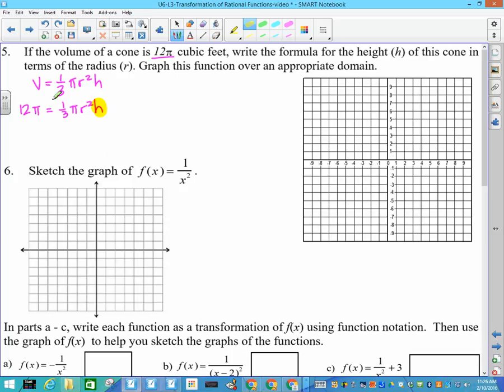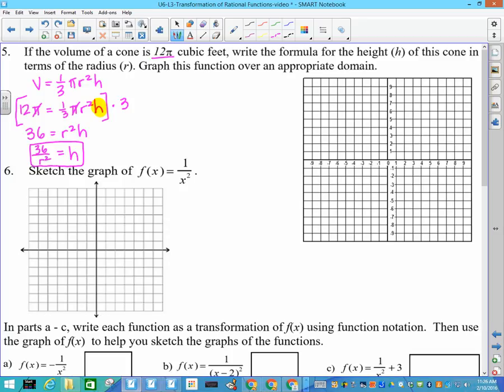And I hope you see that the first one here is I have a pi on both sides, and if I have a pi on both sides, I can divide both sides by pi and get rid of it. And then a lot of y'all told me you knew to get rid of that 1/3, then I'm going to multiply by 3. So that's going to give me 36 equals r squared h. And then you know if I'm trying to get h by itself, we're going to divide by r squared. So I'm going to have h equals 36 over r squared.